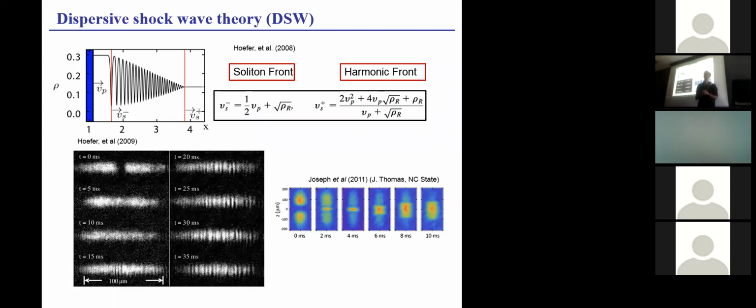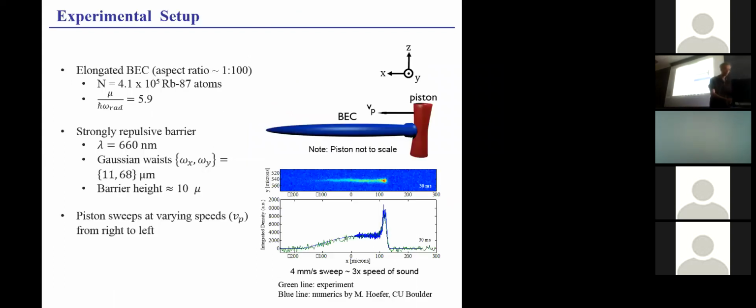May I also ask about the slide before? When you showed the GPE equation, the theoretical curve, what potential has been used for that, and what initial conditions? The potential is nearly harmonic.